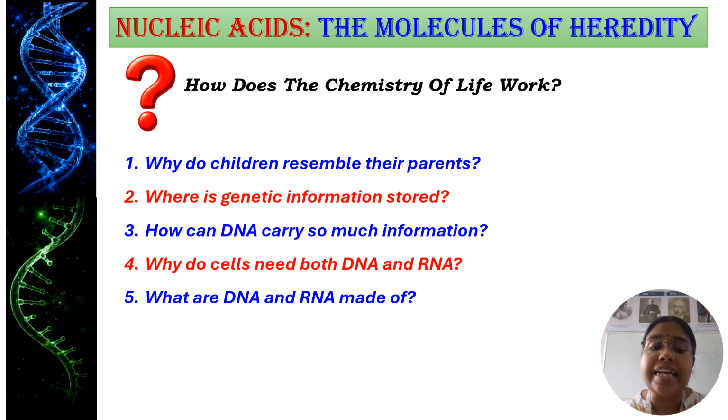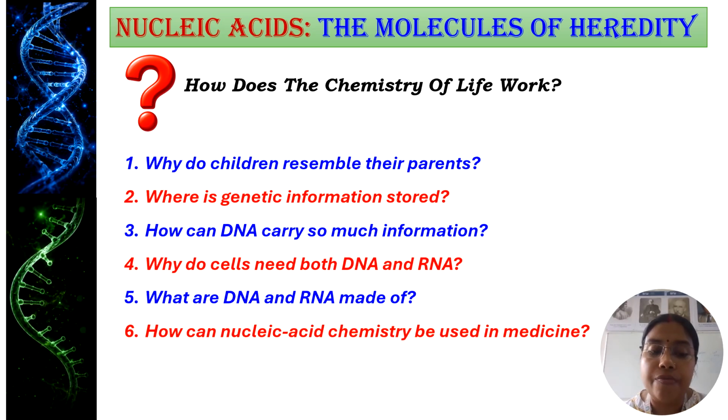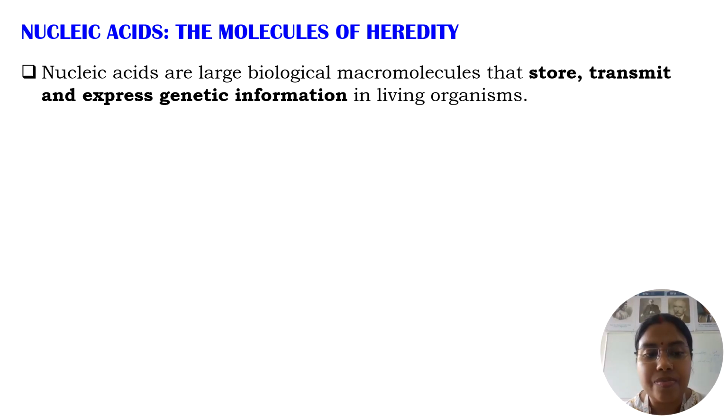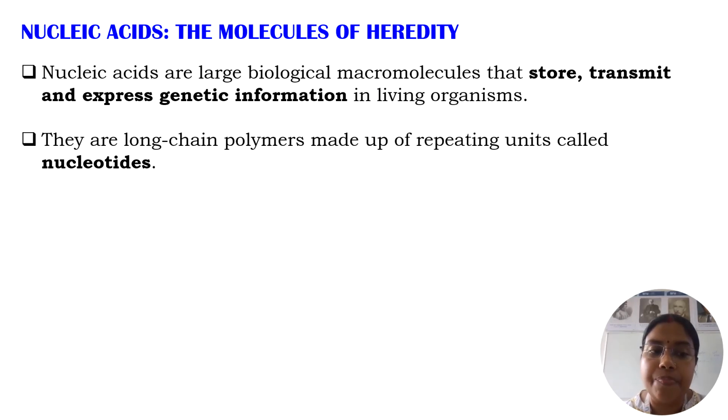What are DNA and RNA actually made of? And how can nucleic acid chemistry be used in modern medicine for gene related issues? Nucleic acids are large biological macromolecules that can store, transmit and express genetic information in living organisms.